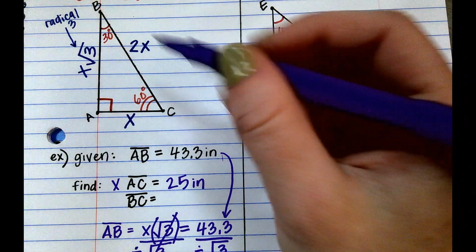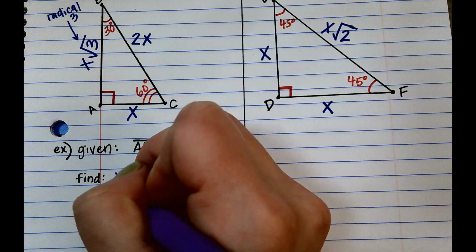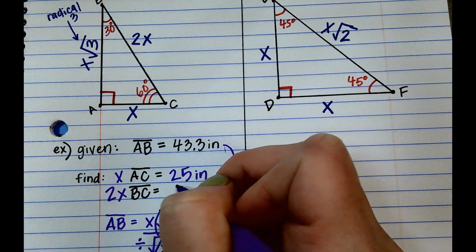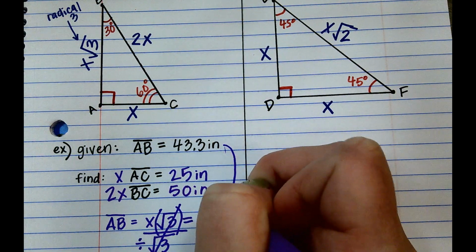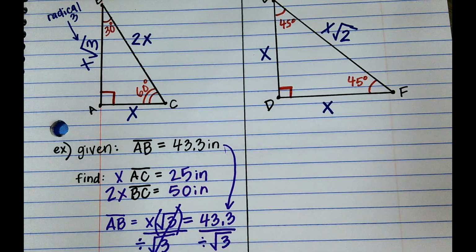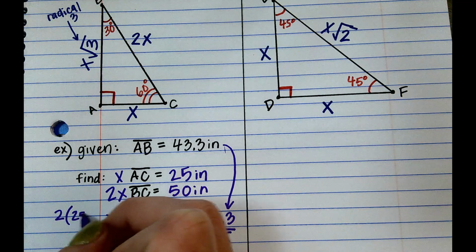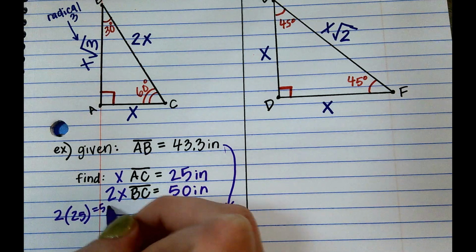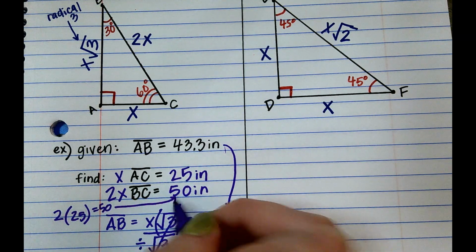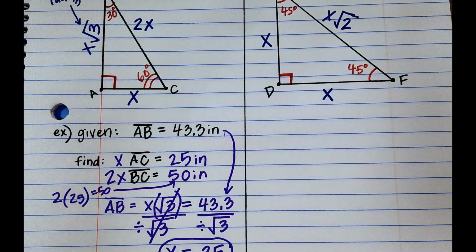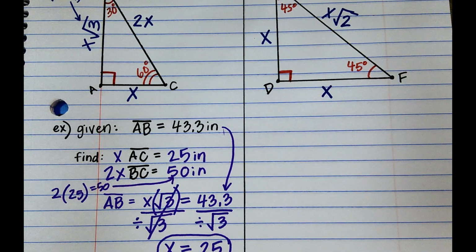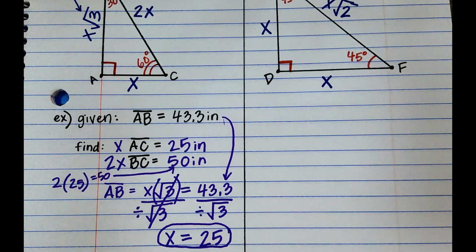Yeah, 2 times 25. Perfect. So we just did 2 times 25, which is 50. Just plug it in for x. Good.